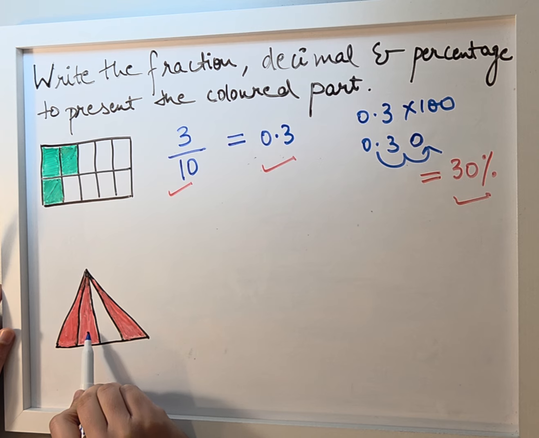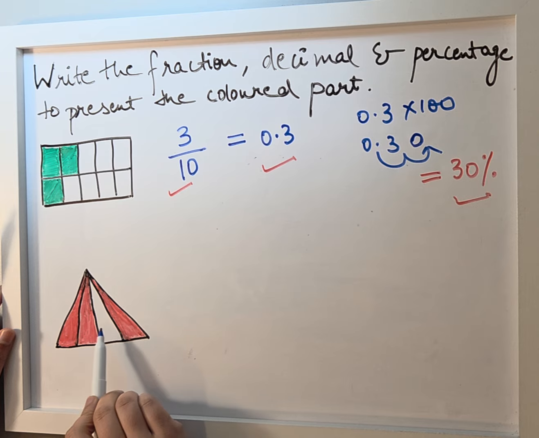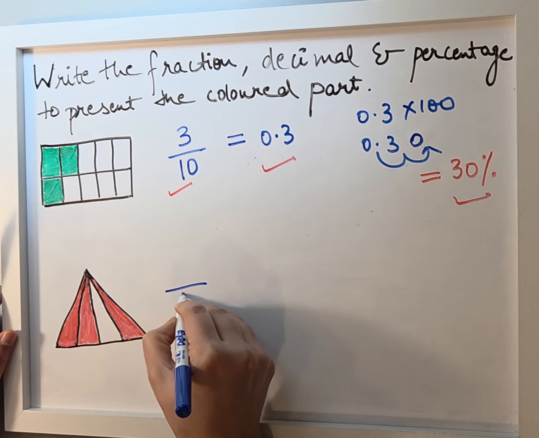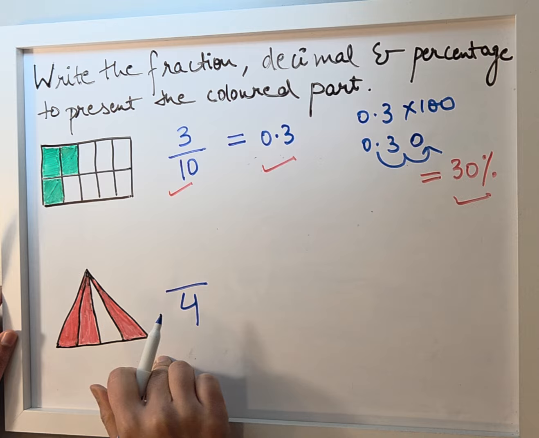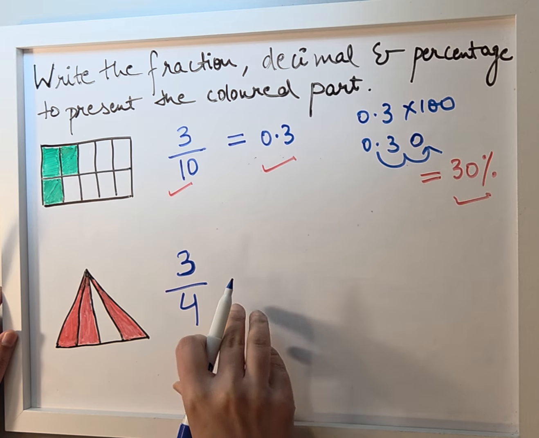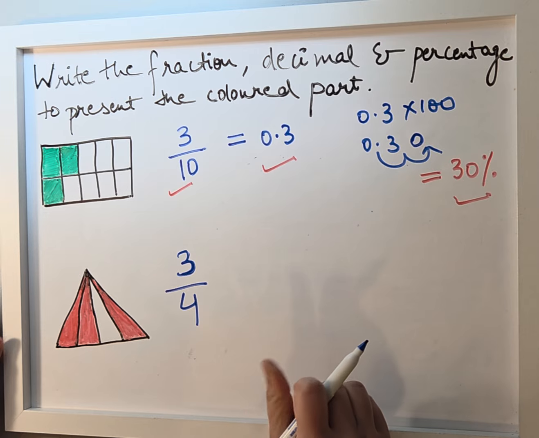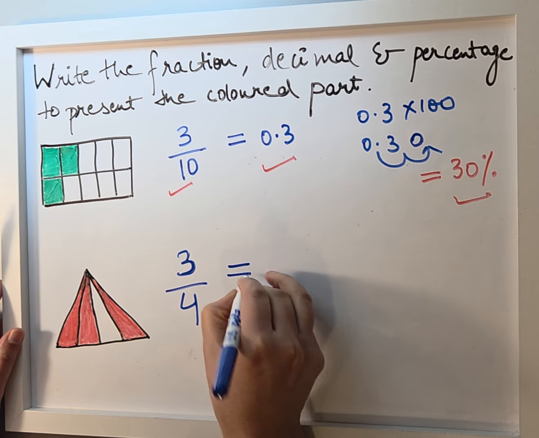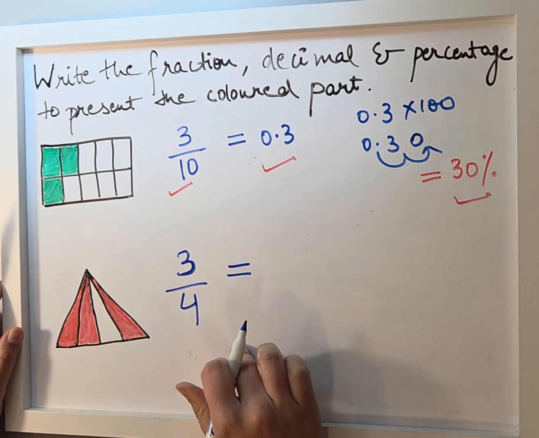So how many parts do we have in total? 1, 2, 3, 4. So we have 4 parts in total, and how many of them are colored? 3 of them are colored. Now how do we convert it into a decimal? We have to divide it.